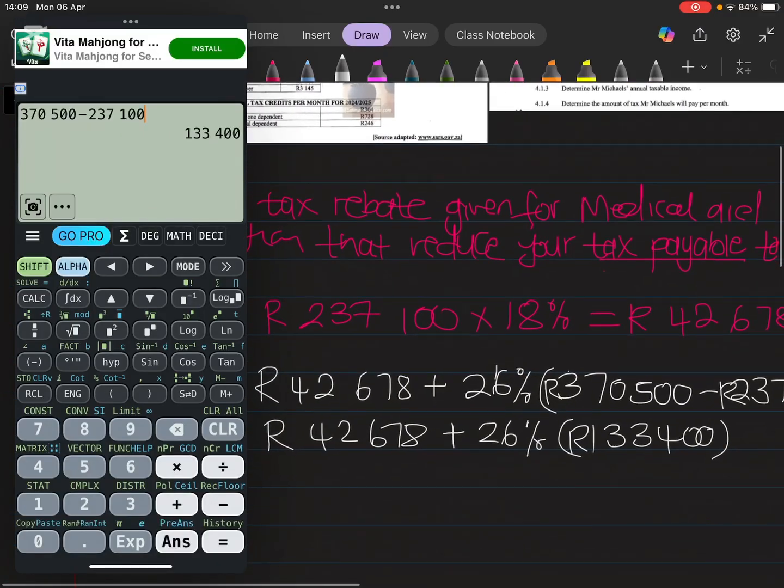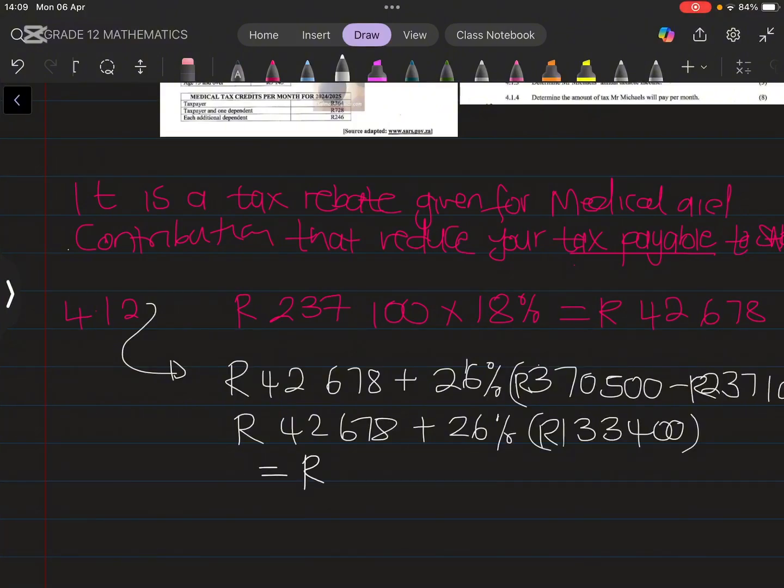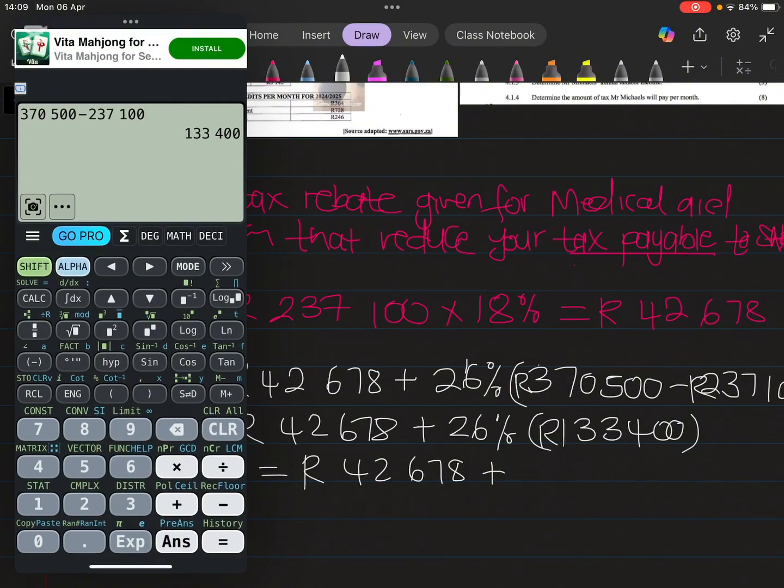133,400. Okay, so now we're going to work that on a calculator. Then let's see what we're going to get. So we're going to have 42,678 plus, then we press 26% of that. Then we'll have 26% multiply by 133,400.